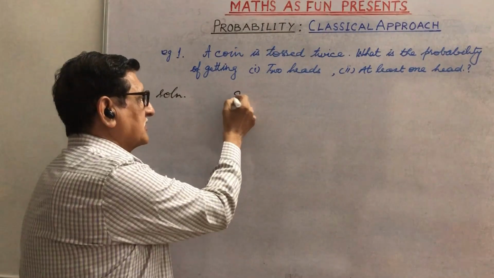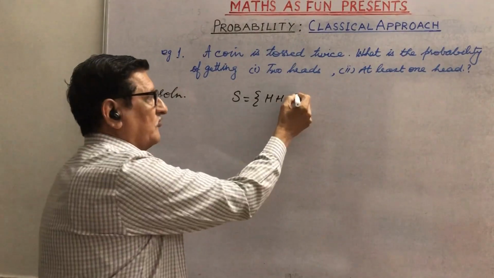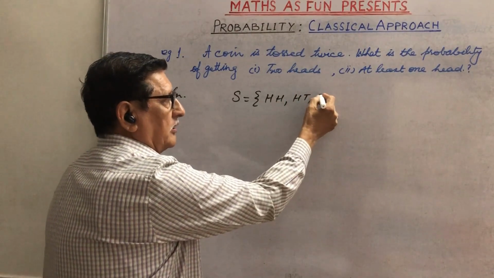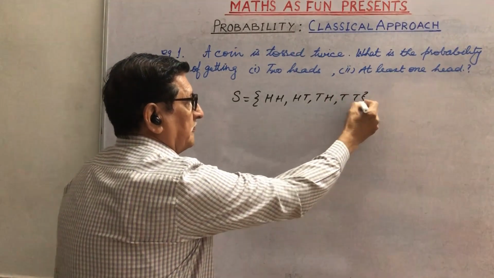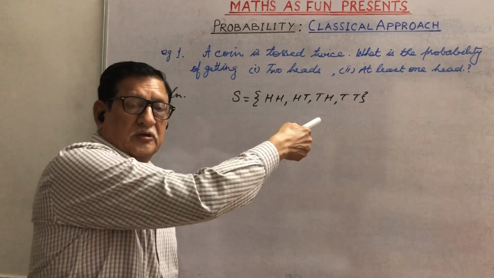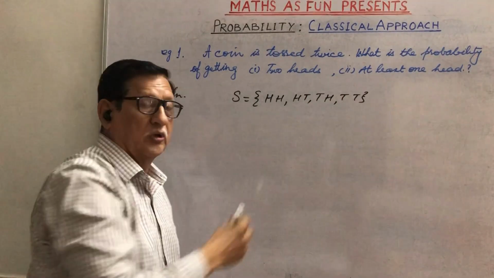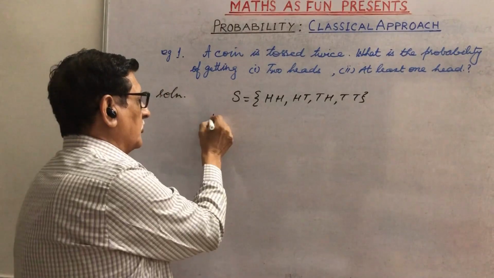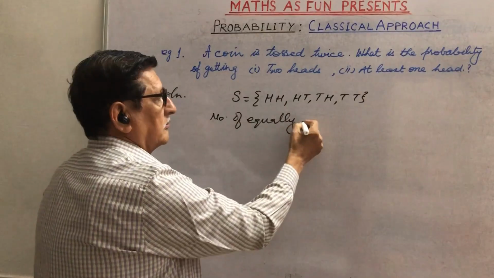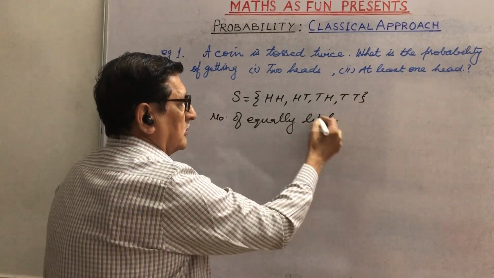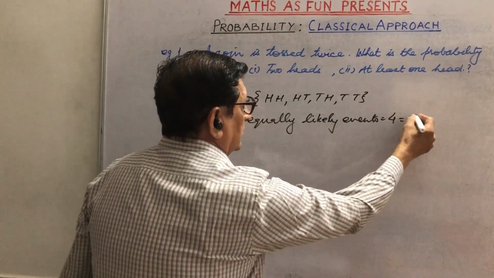The sample space S here will be either both heads, or 1 head and 1 tail, or both tails. It means the number of total events here is 4 and all are equally likely. The number of equally likely events is equal to 4, that is n.